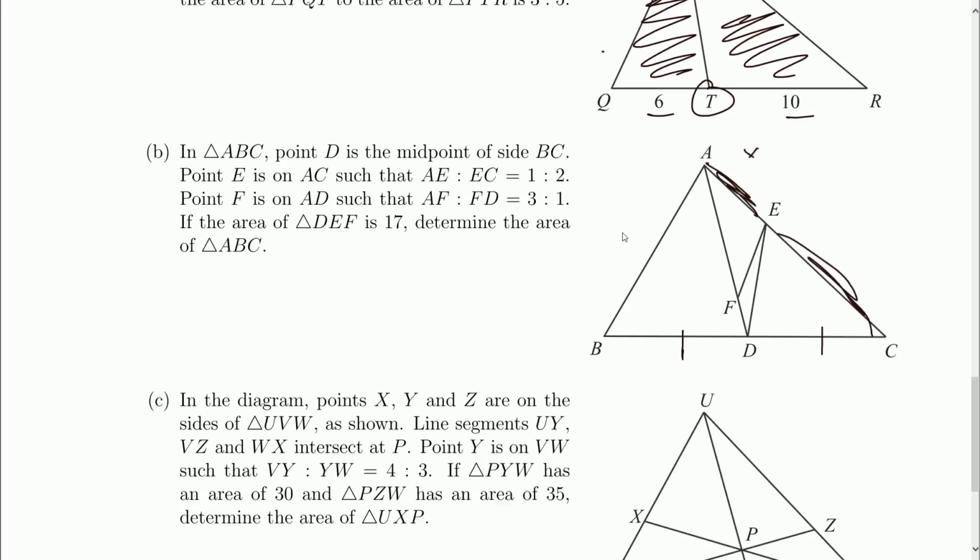So if you called this X, this would be 2X. Point F is on AD, so that AF to FD is 3 to 1. So we call that 3Y and this one Y. If the area of DEF is 17, determine the area of the whole triangle.